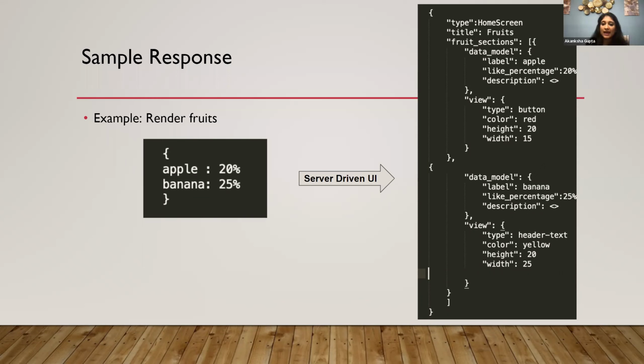Similarly, looking at the bottom example, it says that we want to display a label with banana. And the view of this is it should look like a header text. So automatically your client will show apple on a button and banana on a header text with the color yellow and the height and width that is specified here.